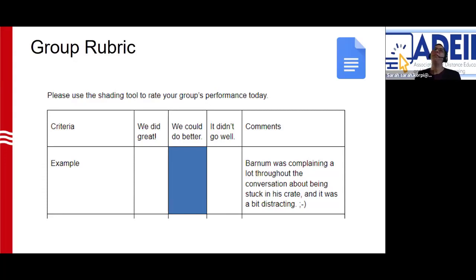So moving on to the group rubric, after each group activity, I ask students to reflect on the following criteria in the group performance part of the rubric. We were all able to connect. The conversation facilitator kept us on track and redirected us when we needed it.